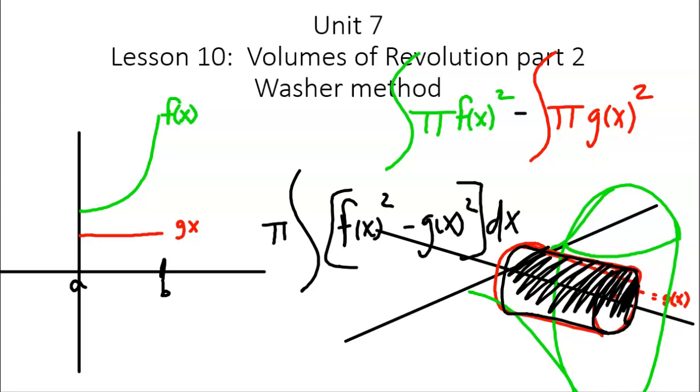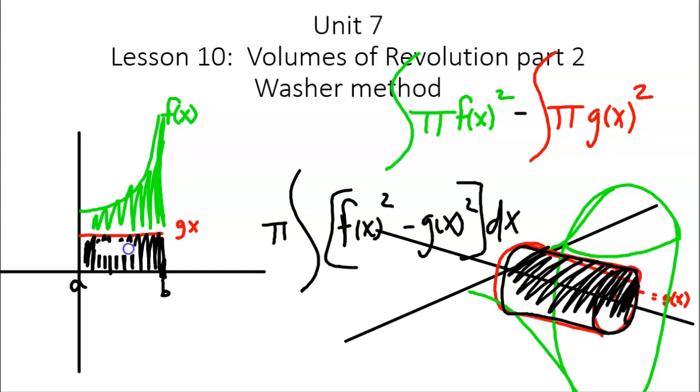Okay, so it has a solid with a hollowed out portion within it. Basically we're taking this area out and we're only finding this area here. And that's what we would call the washer method.